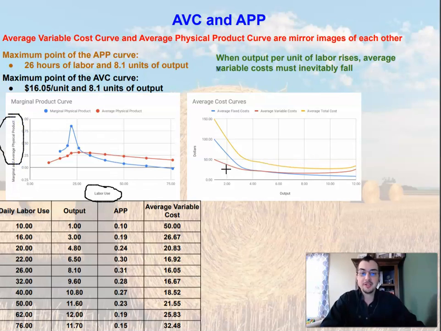We're just putting dollars to it. They're mirror images of each other, and we become more efficient up until this point. That's what we'll move on to next: talking about efficiency and how we can look at these average curves to discuss efficiency.